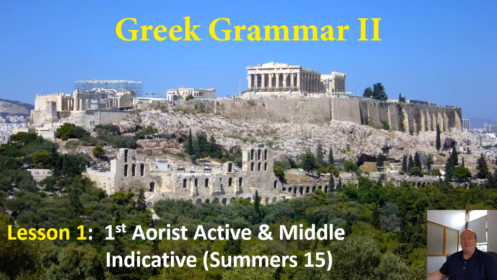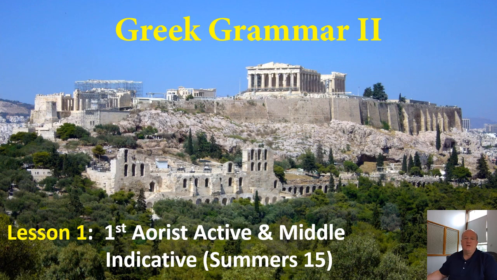And then we're going to look at the perfect form and the pluperfect form. We'll also look not only at indicatives, but also subjunctives, imperatives, and optative, and all of that. And also we're going to be looking at further forms of pronouns, as well as adjectives, and also the article. And so we have a lot on tap for this semester.